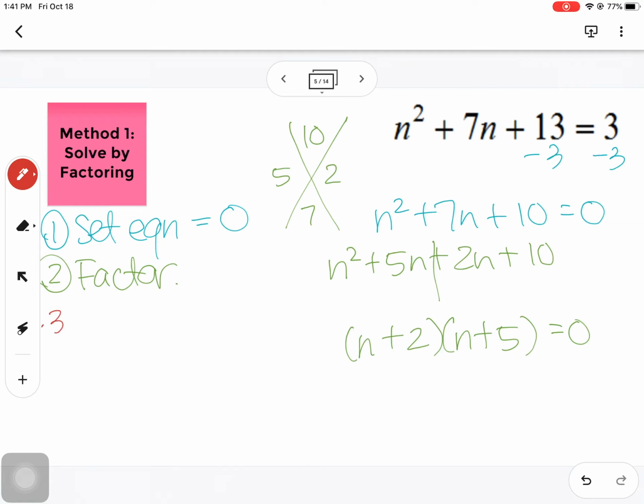Once you have factored, you are going to apply what we call the zero product property.